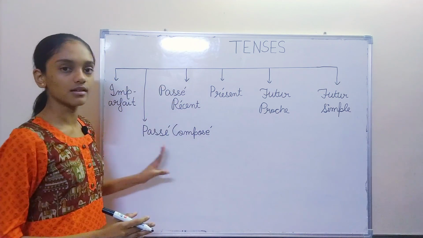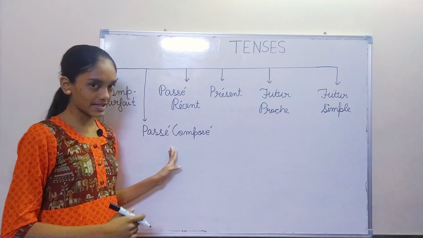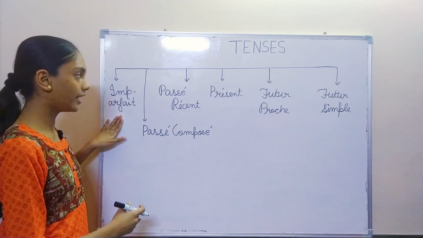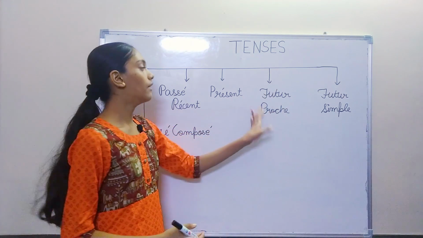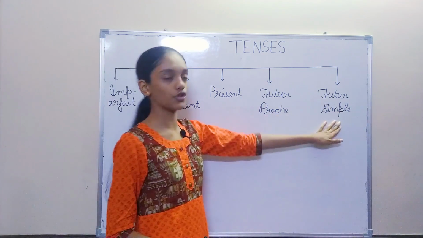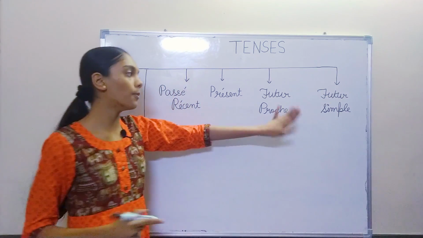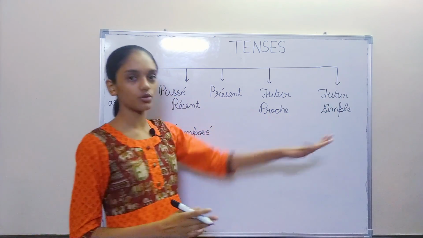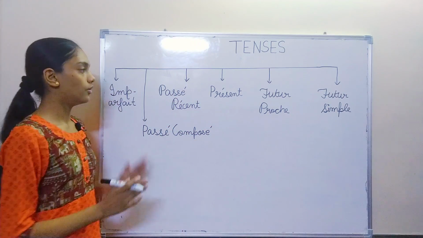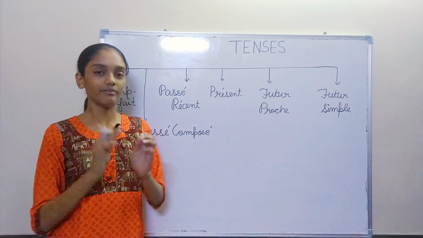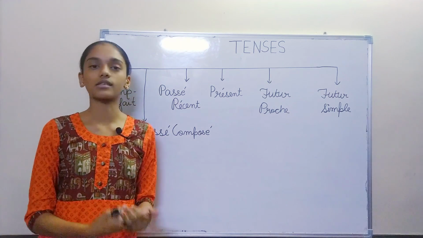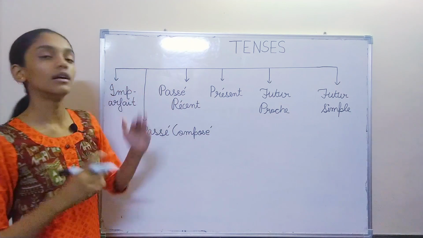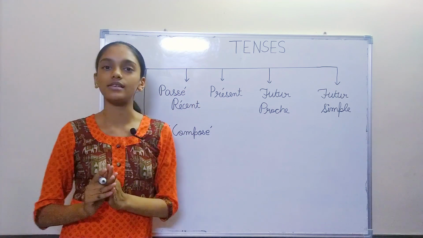Then in past we have Passé Récent, Passé Composé and Imparfait. And in future we have Futur Proche and Futur Simple. There's one more, but in this video we'll only stick to these two. So first let's quickly discuss in brief how we form sentences in all these tenses.